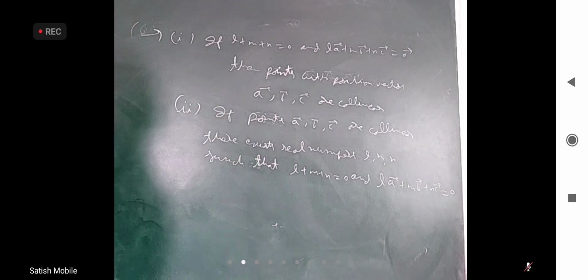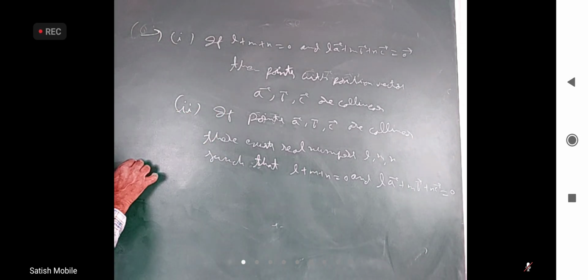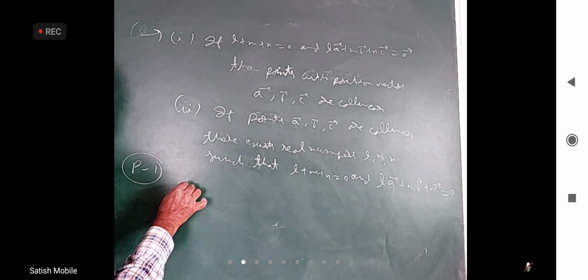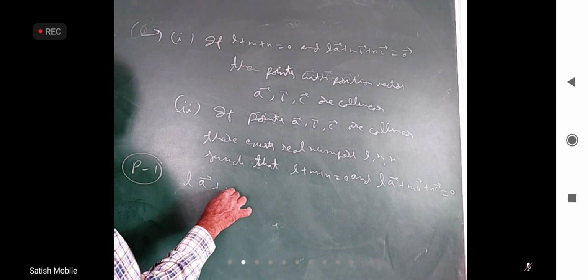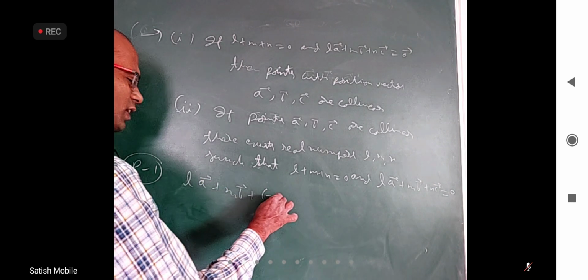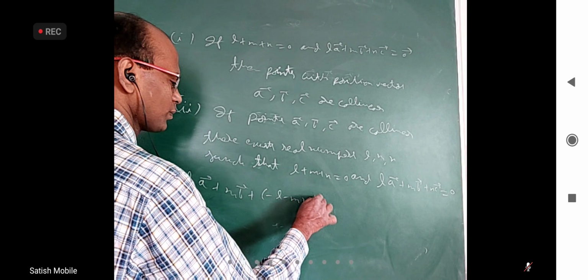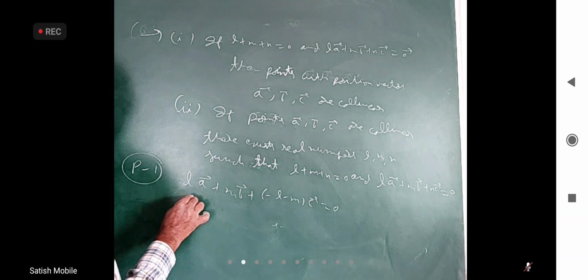I'm going to prove both of them. Proving the first one is very easy. Proof 1 is very easy. Write LA bar plus MB bar. In the place of N, you write minus L minus M and send that side.